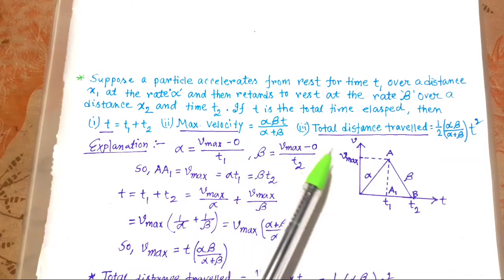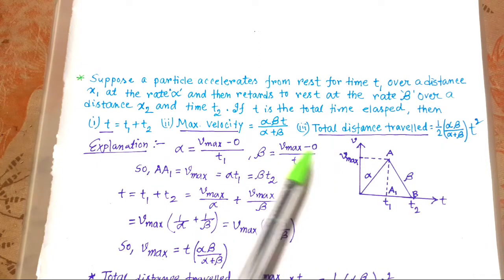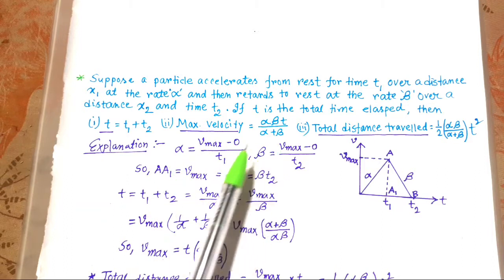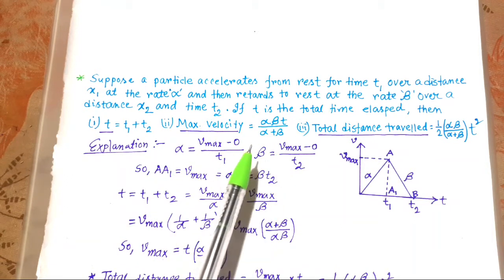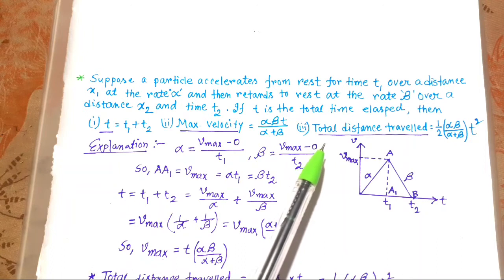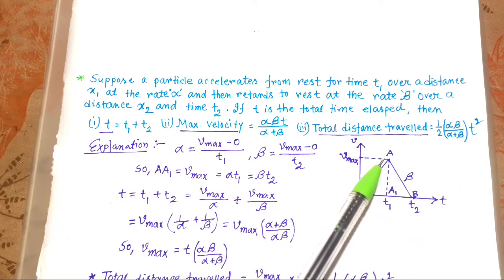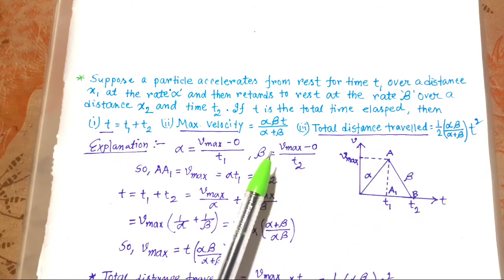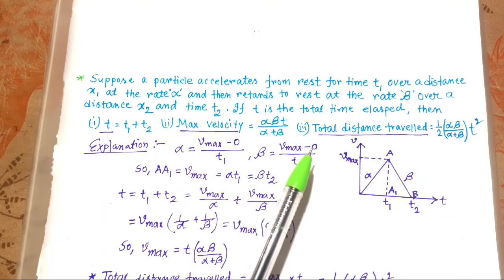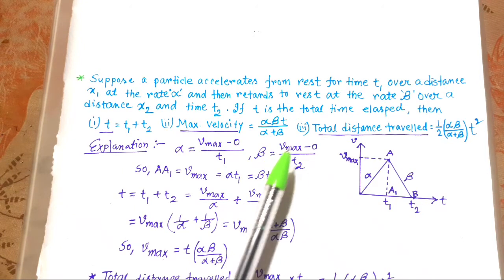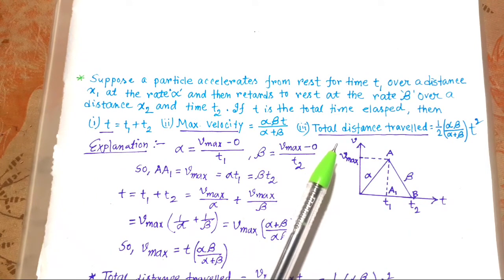And beta is retardation, and retardation means negative acceleration, so minus alpha. So alpha equals change in velocity by time, that is final velocity 0 minus Vmax by t2. So here it is negative acceleration, so this is minus a, so this is Vmax minus 0, because minus of 0 minus Vmax.